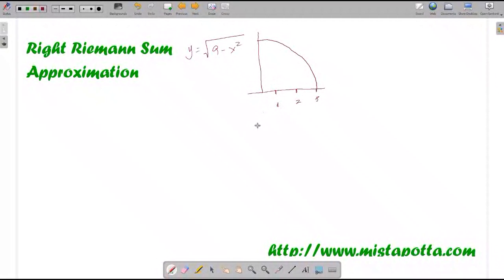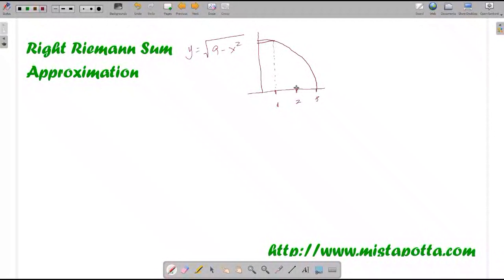But using the right Riemann sums, now I'm using the right endpoints of each one of these intervals to determine the height of the rectangle.